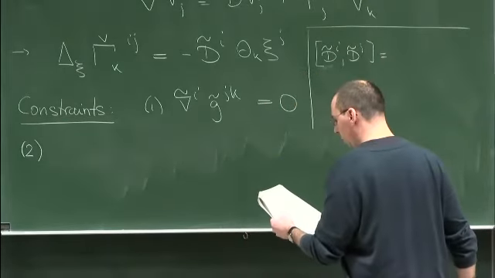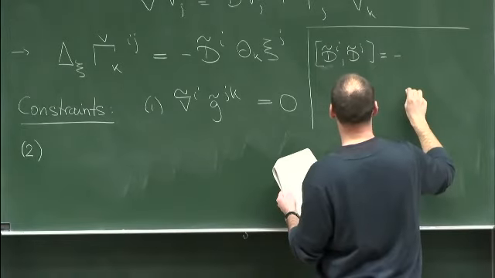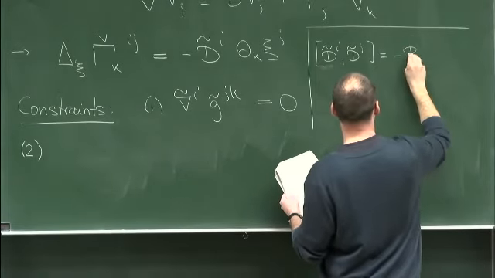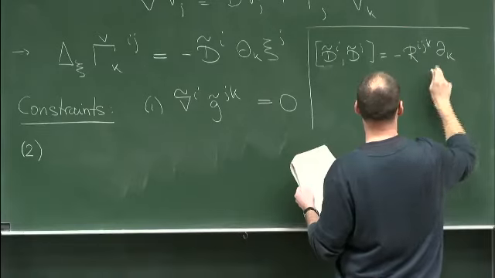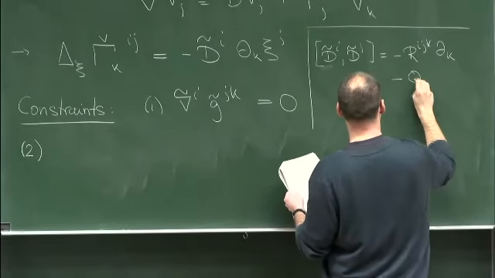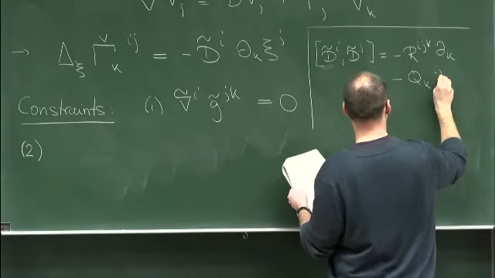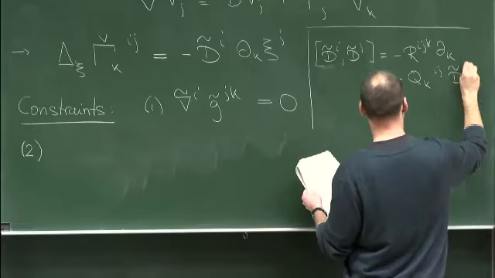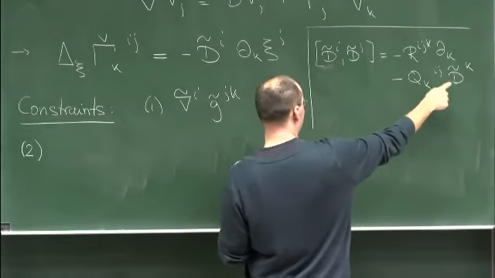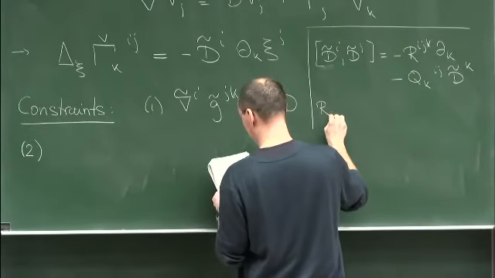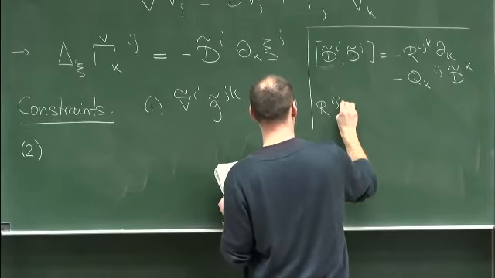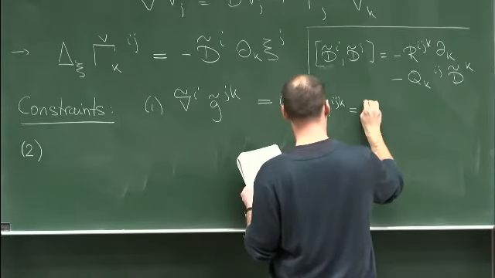So if you compute the commutator of these two derivatives, you get one term that involves the partial derivative, and you get one term that involves this new tilde derivative. So you get two coefficients, and I've called them already R and Q, because these are the objects which we later identify with R and Q.